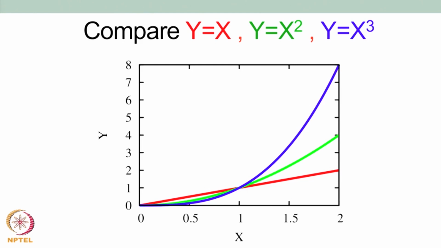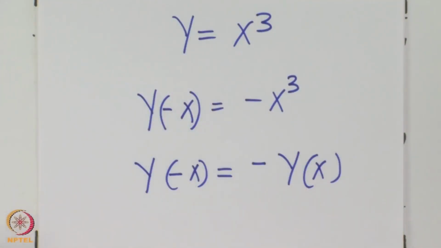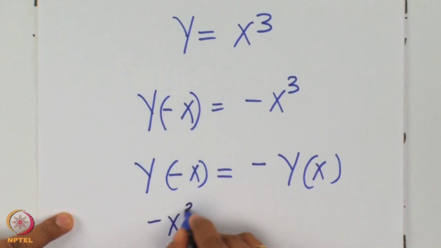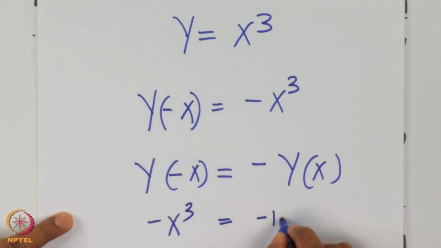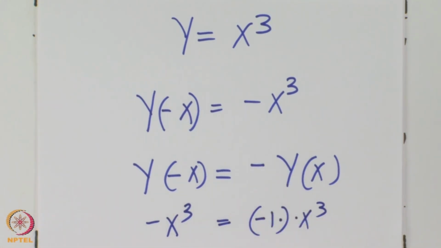Familiarize yourself with this kind of language, that y of minus x is minus y of x, which means that minus x cubed, which is y of minus x, is minus 1 times x cubed. That's essentially what we are saying, and therefore the symmetry of y is equal to x square is not here, but there is a different kind of symmetry, or anti-symmetry if you wish, and we will come and discuss that later.